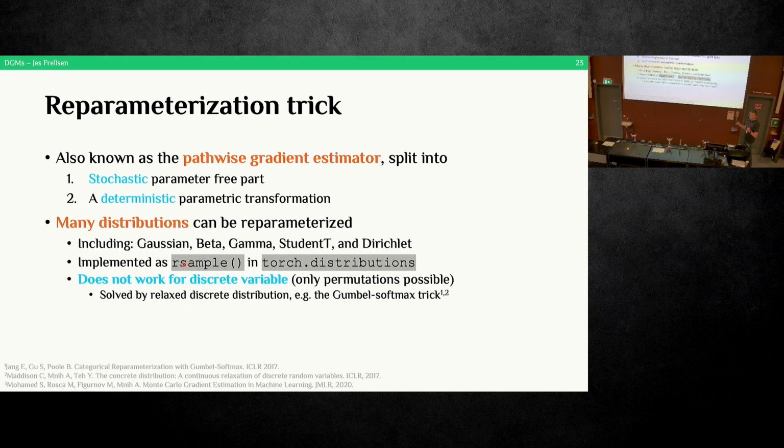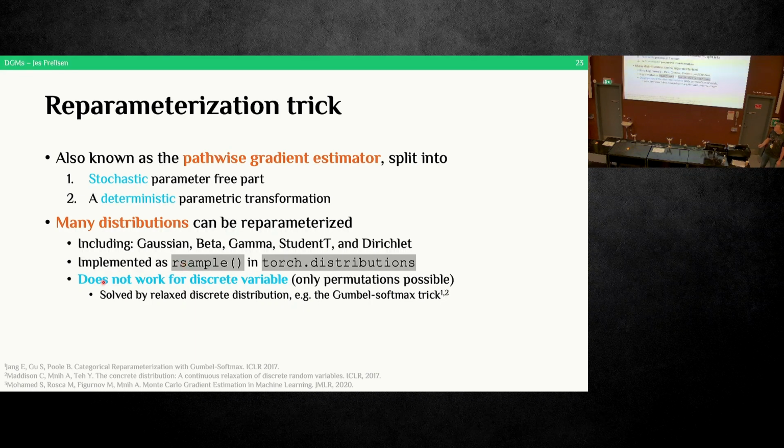So if you take a distribution from PyTorch distributions and you call rsample instead of sample when you want to generate samples, then you know that if it has rsample implemented, that distribution is reparameterizable, and you can backprop through the sampling process of that distribution.